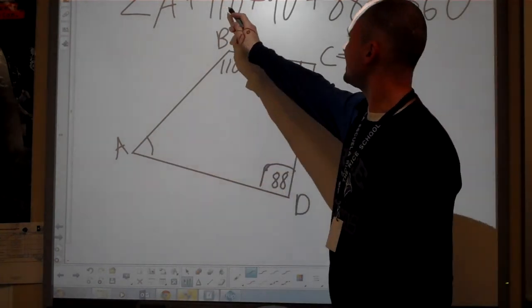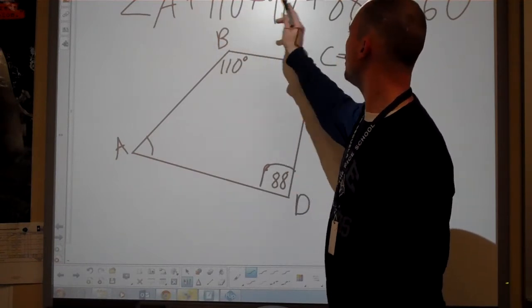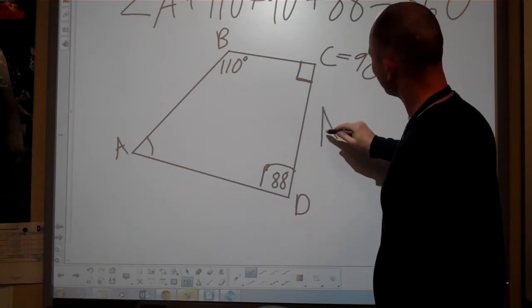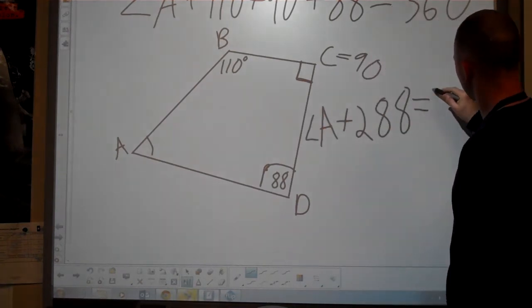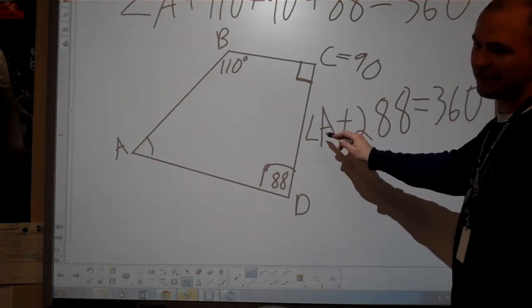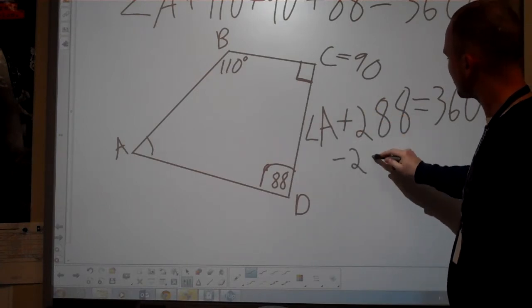So, 110 plus 90 equals 200. 200 plus 88 equals 288. So angle A plus 288 equals 360. So, if I want to get angle A by itself, in order to get rid of this plus 288, I subtract 288.